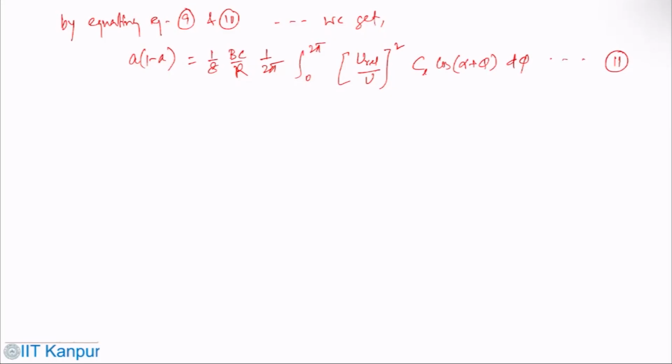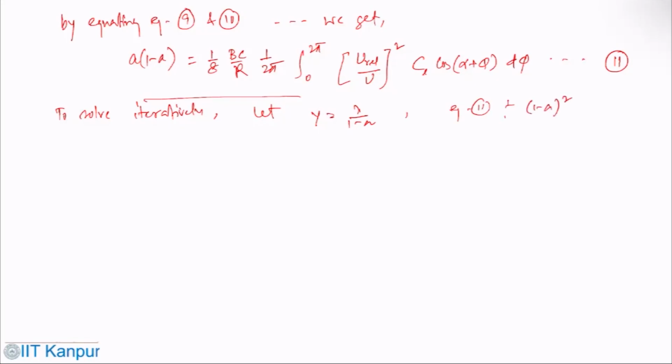Now this particular equation you cannot solve directly, so you need iterations. To solve it iteratively, let y equal lambda by (1 minus a), and then we divide both sides of equation 11 by (1 minus a) whole square.